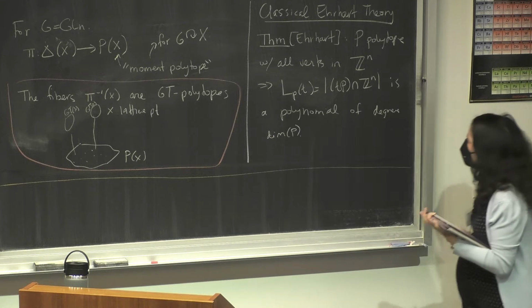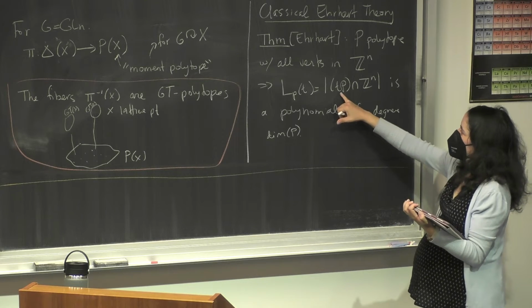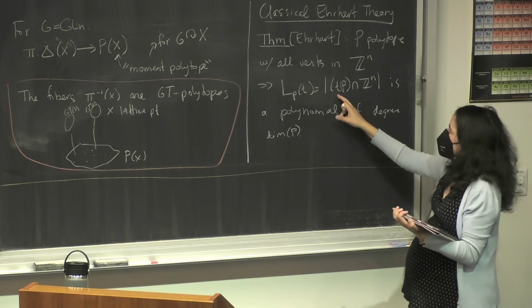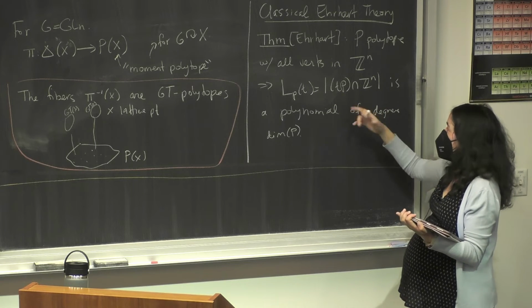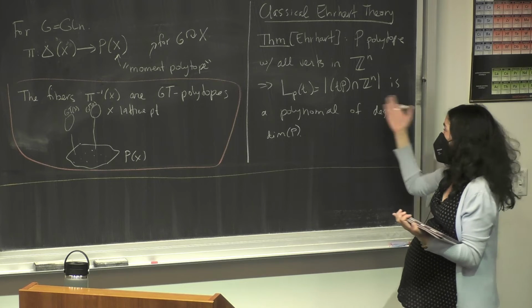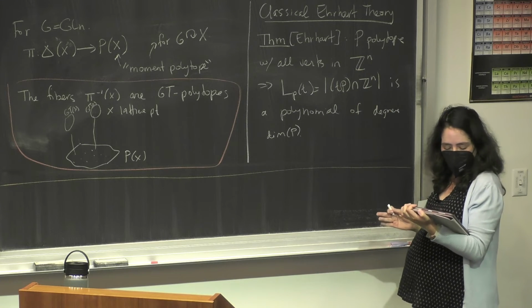So what you do is you start with your polytope, you blow it up, expanding by scalar multiples of itself, and for each scalar multiple, you count how many lattice points you have, and that's going to give you a polynomial as long as all vertices are in Z^n.